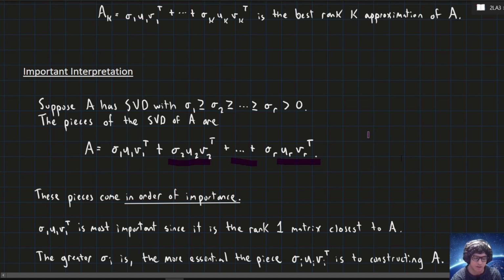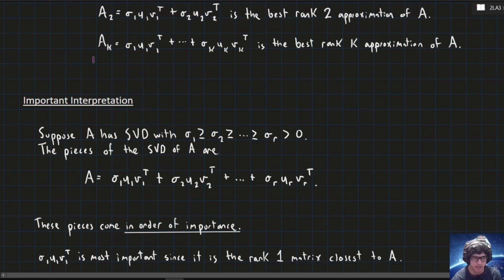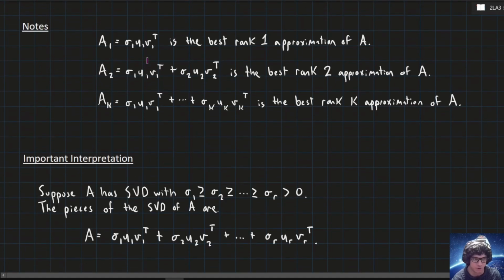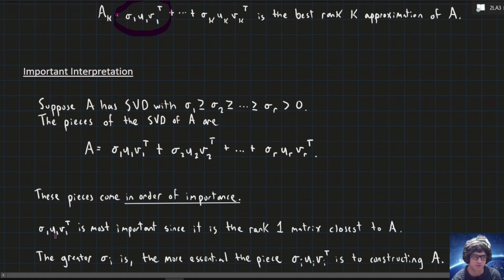Additionally, when we take higher rank approximations, the best approximation of higher rank matrices always involves the first piece. So that's why we call it the most important piece. And in general, the greater the sigma is, the more essential a piece it is in constructing A.